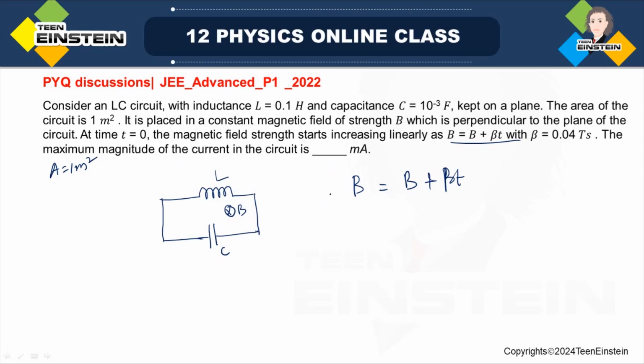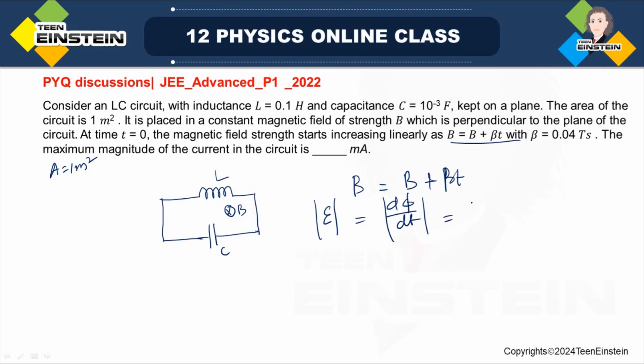So as I said, there will be induced EMF. So how to get that induced EMF? Induced EMF will be d phi by dt. Okay, if I take the magnitude, so what is phi here?